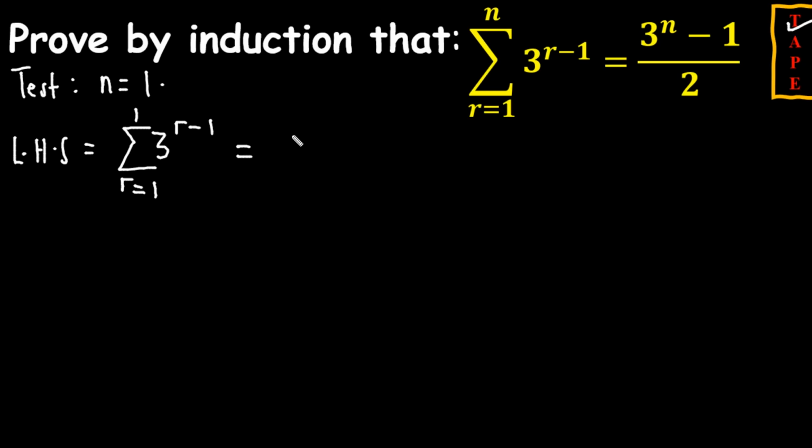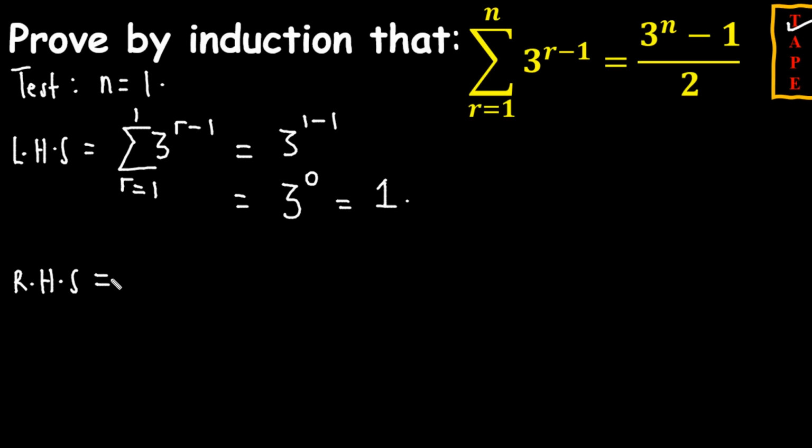So we shall have 3 to the power 1 minus 1, but 1 minus 1 is 0. So we shall have 3 to the power 0, and any number to the power 0 is always equal to 1.